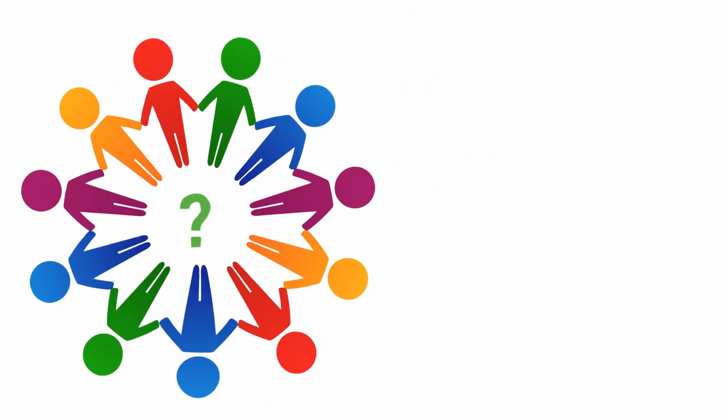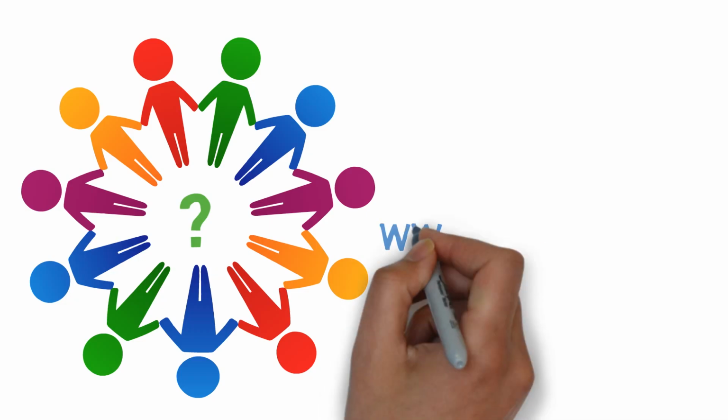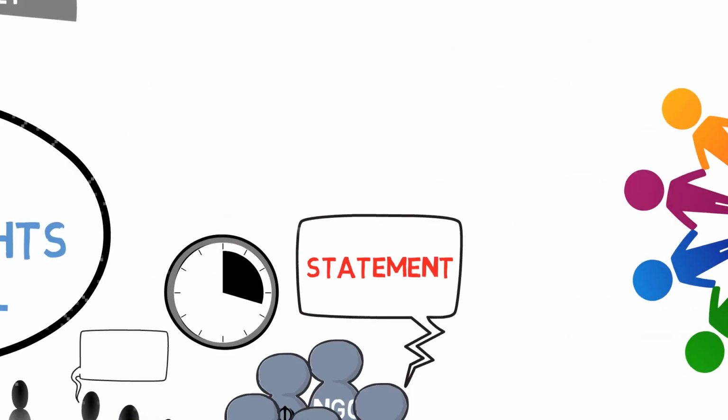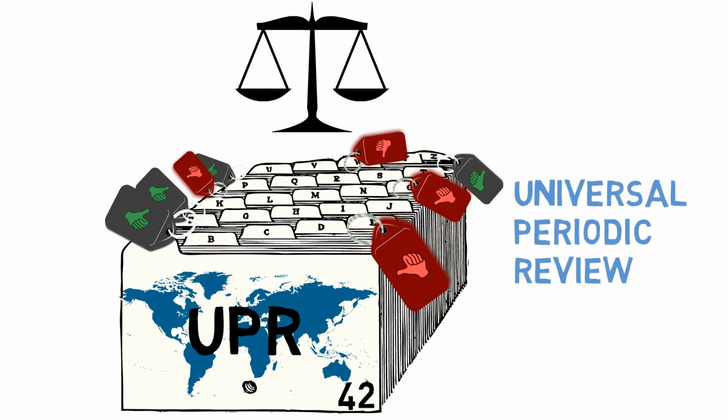A good place to learn more about the UPR and to link up to other NGOs working to influence your government is via an NGO called UPR Info, based in Geneva. UPR Info works to raise awareness of the Universal Periodic Review and build the capacity of civil society and other actors to engage with the UPR.